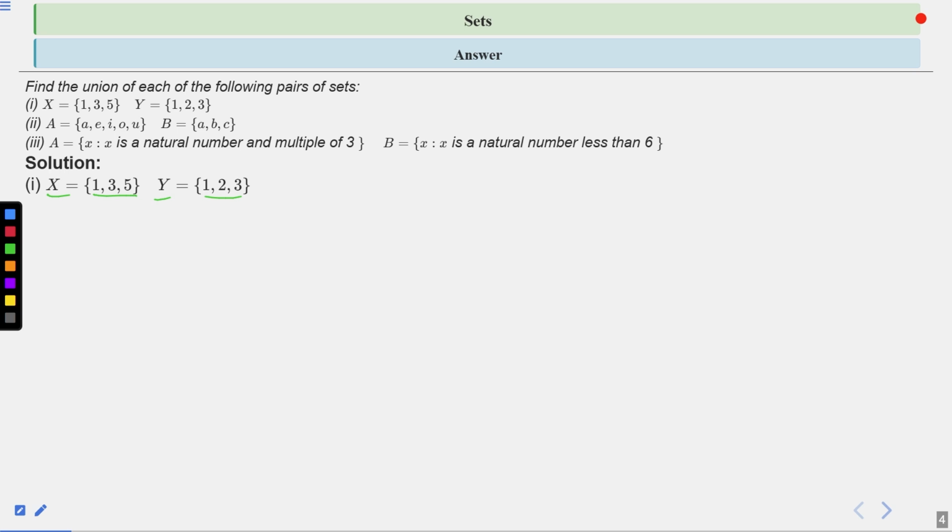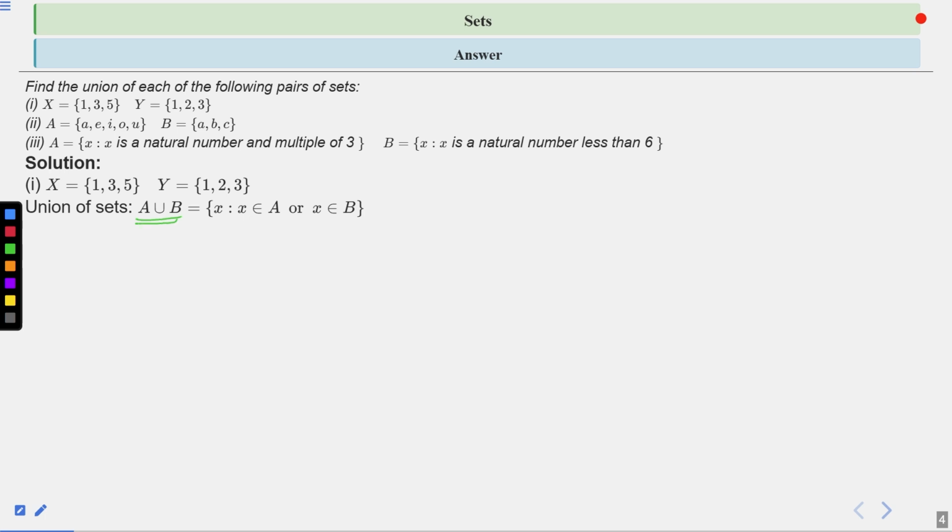It's very simple to write down the union set. Just write down all the elements from the X and Y sets together and form a collection, and that collection will be your X union Y set. I hope the approach is clear to you.